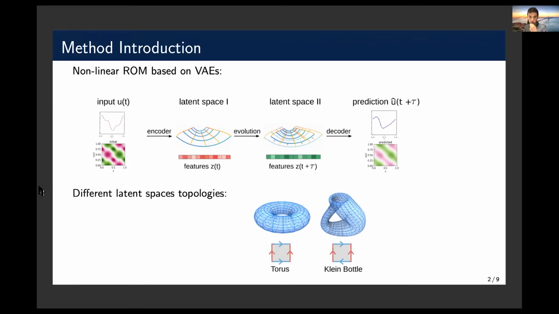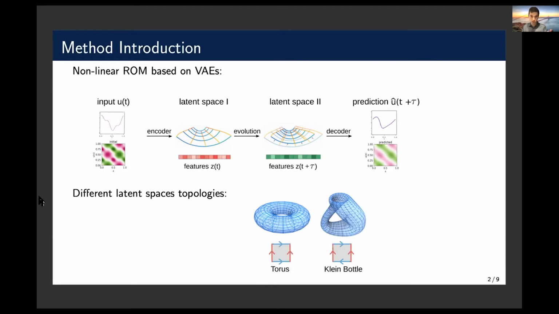Another thing which we do is we talk about how you can go about incorporating different latent space topologies in your reduced order model. Now, different latent space topologies might come up naturally depending upon the boundary conditions of the system that you're looking at.